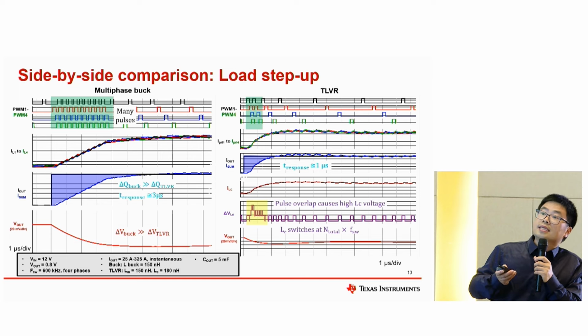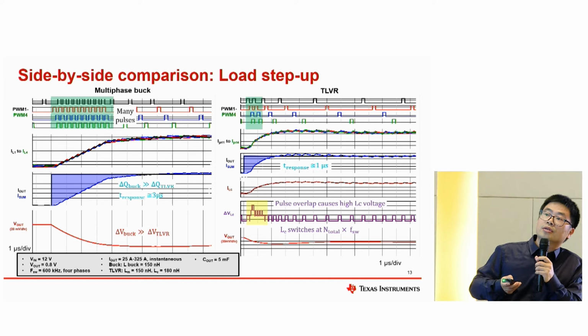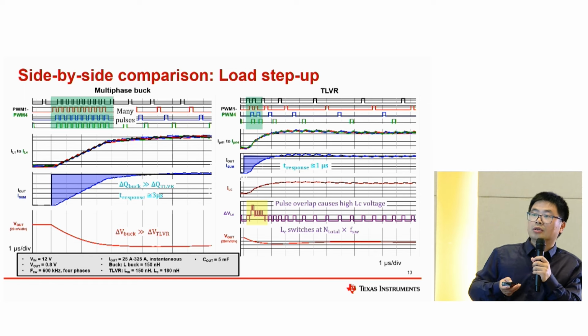For the multiphase buck, the response time is about 3 microseconds, and for TLVR it is just 1 microsecond. Also for the undershoot, for the multiphase buck it is about 4 grids, but for the TLVR it is just 2 grids, half of that.